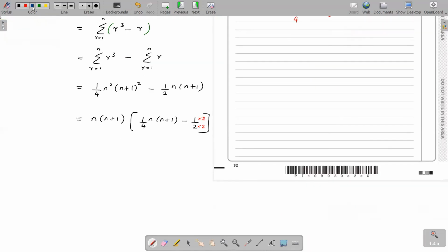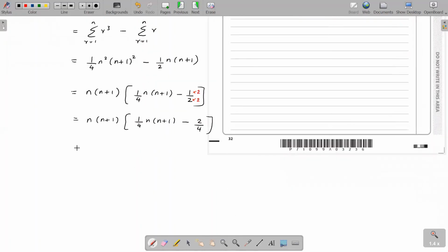So what do we get here? n into n plus 1, and here you get 1 over 4 n plus 1 minus 2 over 4. Are you all with me? Shall we take the 1 over 4 out? 1 over 4 n, n plus 1, and in the bracket we are remaining with n plus 1 minus 2.